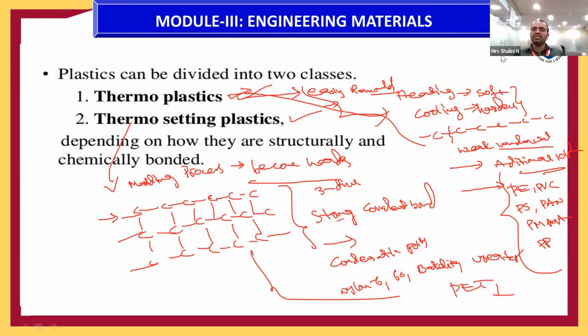Examples for thermoplastics are polyethylene, polyvinyl chloride, polyacrylonitrile, polystyrene, etc. Examples for thermosetting plastics are nylon 66, bakelite, PET, etc. These are the examples for thermosetting, and the difference between thermoplastic and thermosetting.